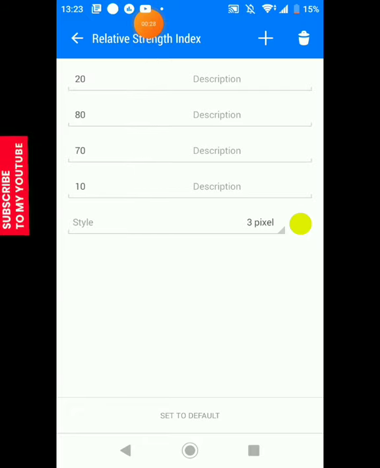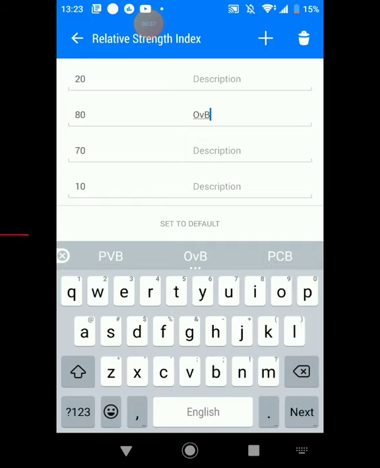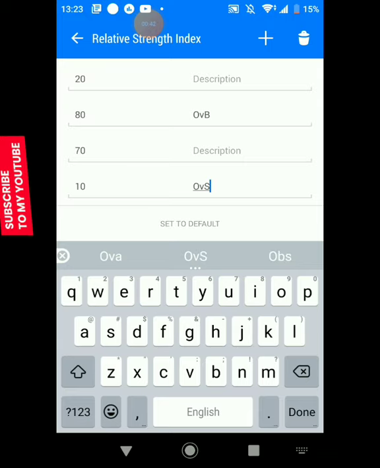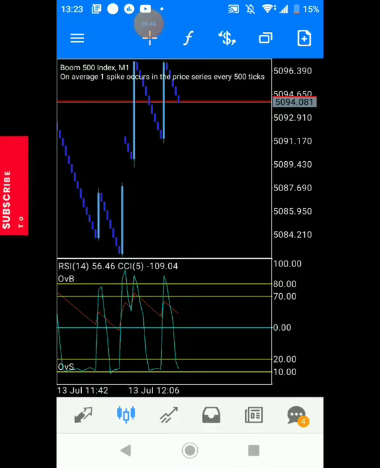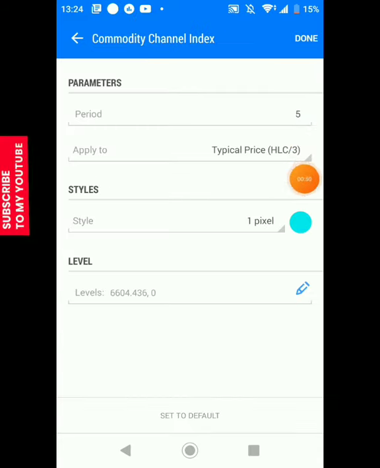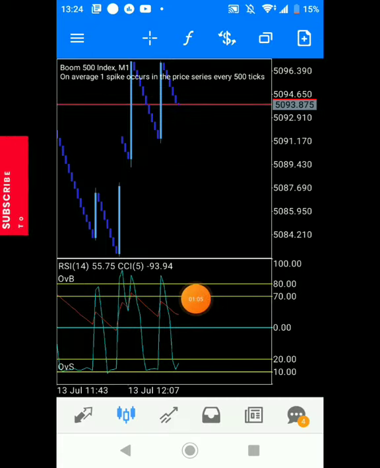Then you can put this to be OVB, overbought, and OVS, oversold. Right, you click done. Commodity channel index, 5 period, typical price, and then style. Your levels should be 0 and 6604.436, and you click done, and that's the settings.